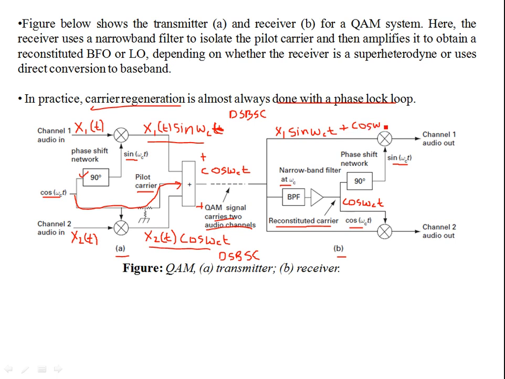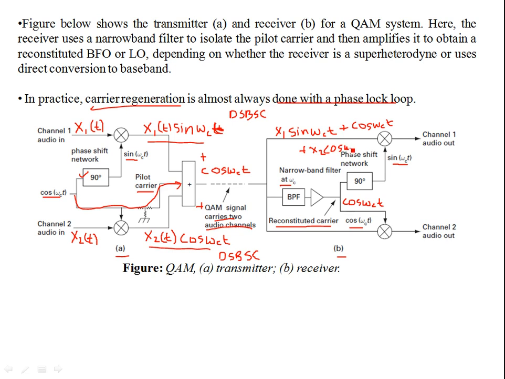Cosine omega ct is reconstituted by the bandpass filter. And then the second DSBSC signal was x2 cosine omega ct, so orthogonal carrier.